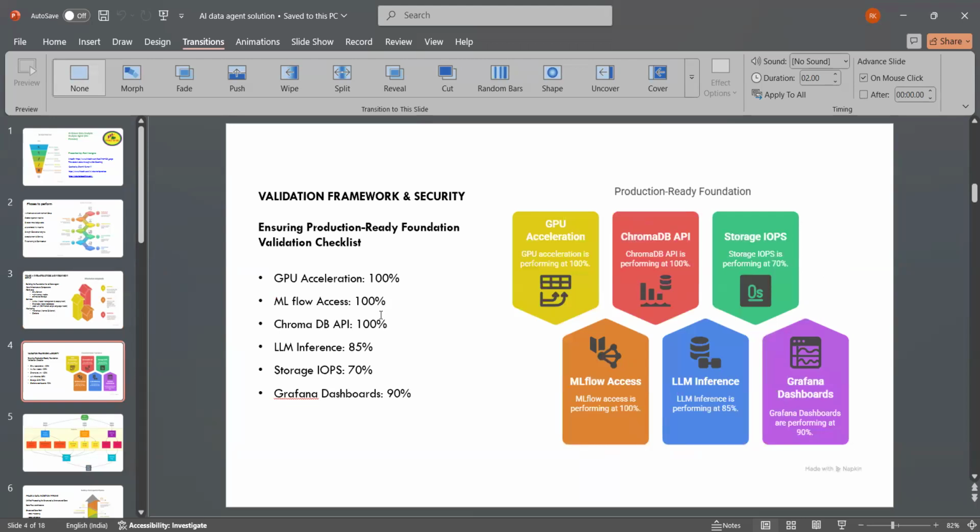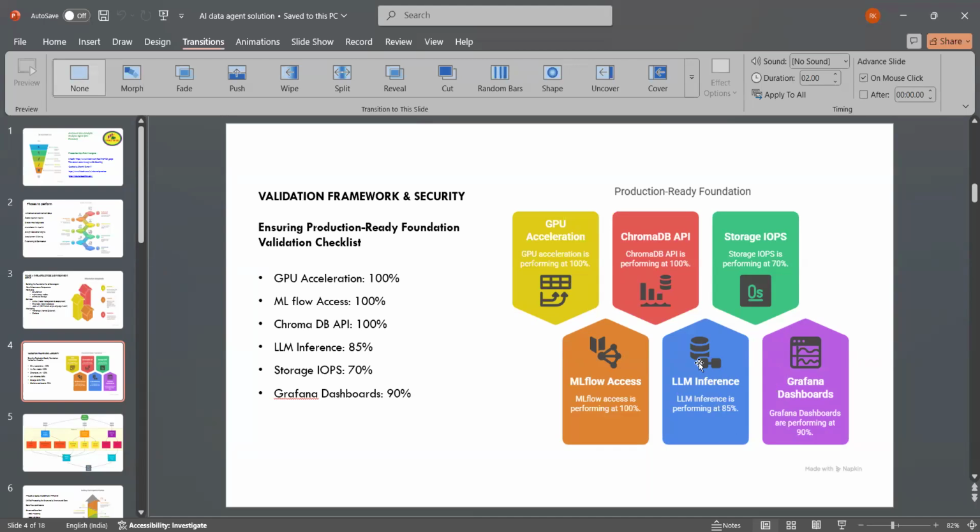There is also a validation framework and security, ensuring the production ready foundation with a validation checklist. Here you see in my picture diagram, the production ready foundation is ready. First, GPU acceleration is performing at 100%, fully enabled. MLflow is 100% complete, with model tracking.